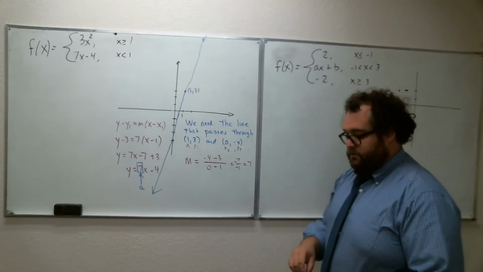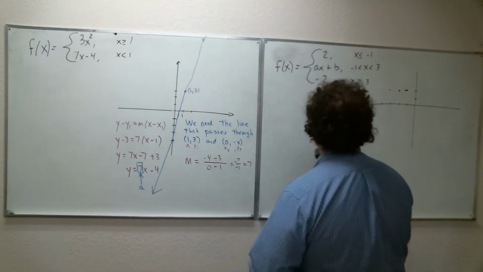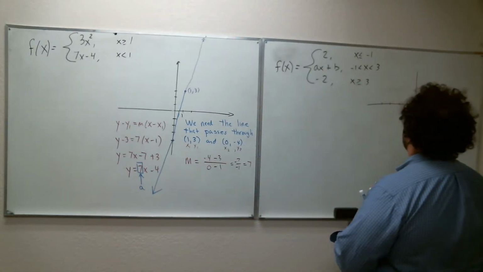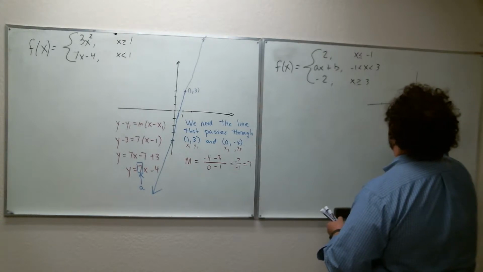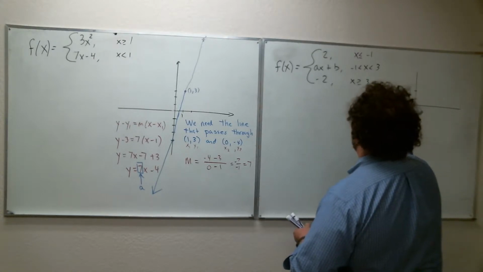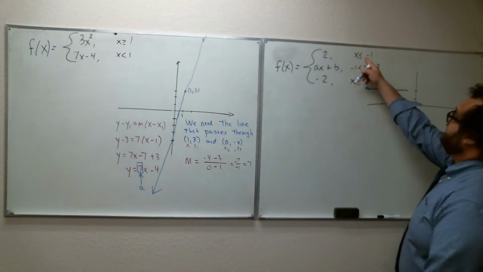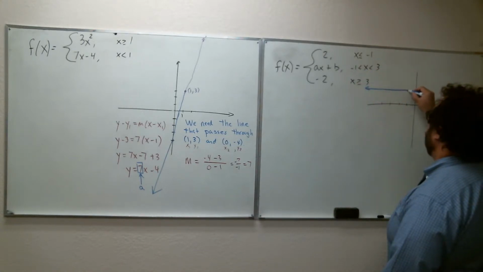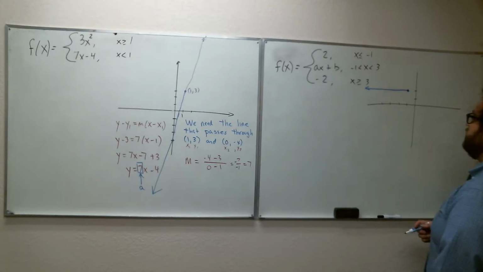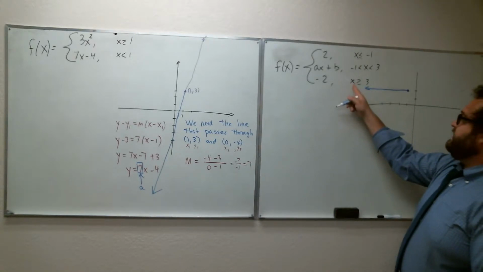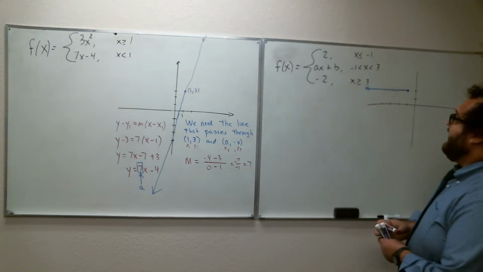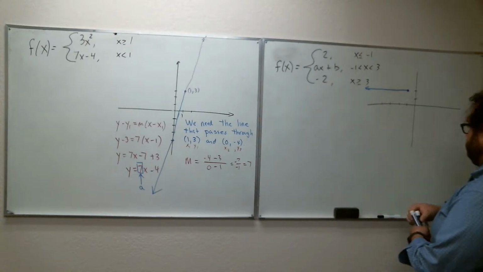Let me change colors real fast. We're going to get a horizontal line like so. Now it says when x is less than or equal to -1, so we'll put a solid dot there for the time being. Now let's go over here. This says for all x values greater than 3, we're going to have y values of -2.